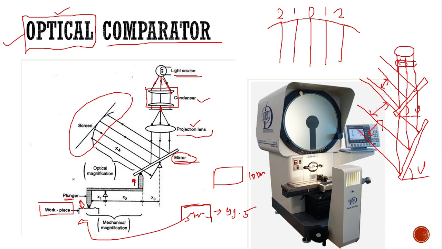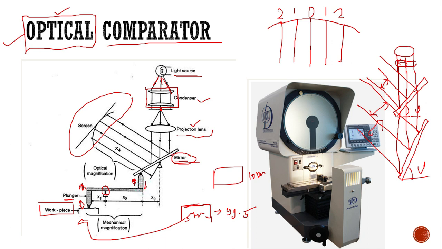So now coming back to this sketch, when there is upward movement of the plunger, there is one pivot point which is here. Okay, so this will be pivoted at this point, and there will be upward movement of this plunger, but here there will be downward movement, because if this is moving up, this will move down.